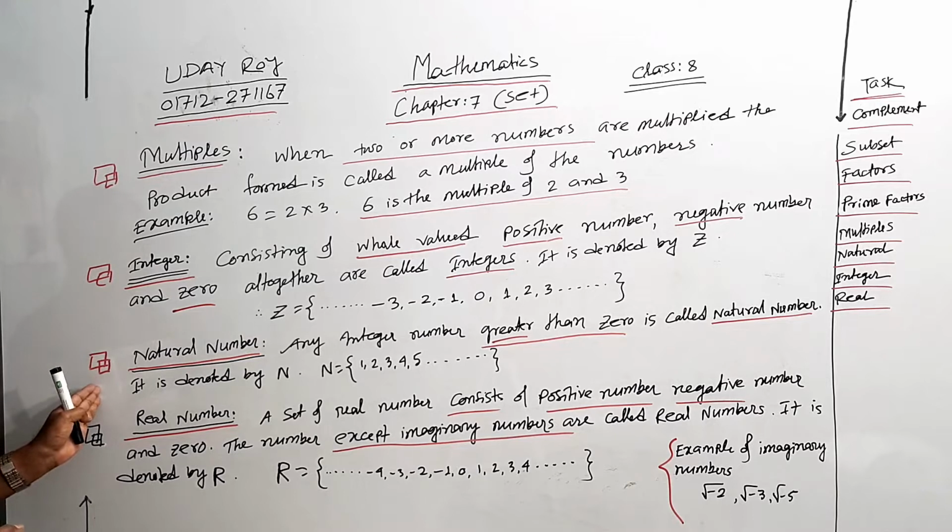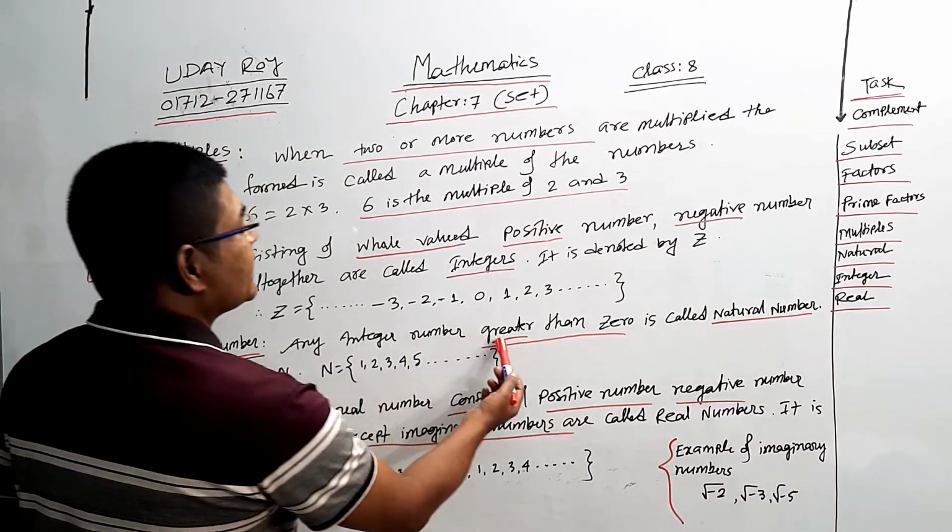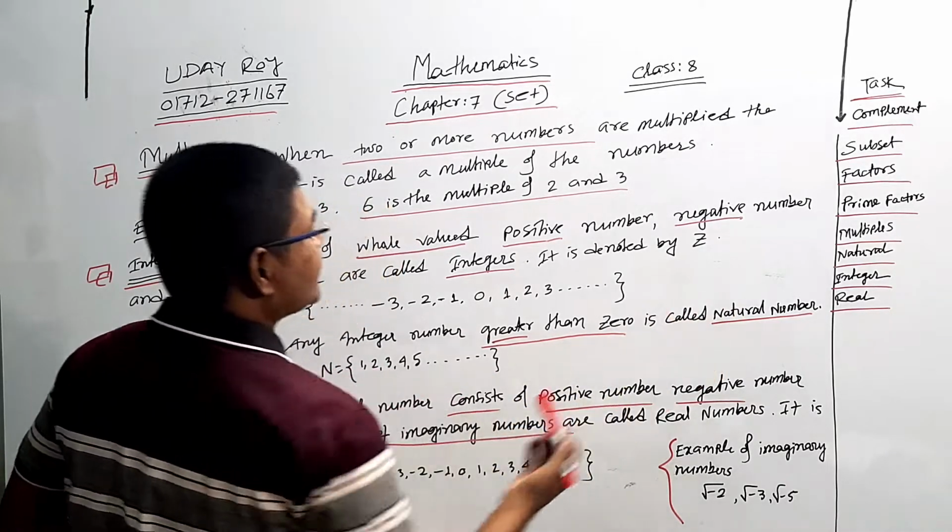Then natural number. What is called a natural number? Any integer number greater than 0 is called a natural number.